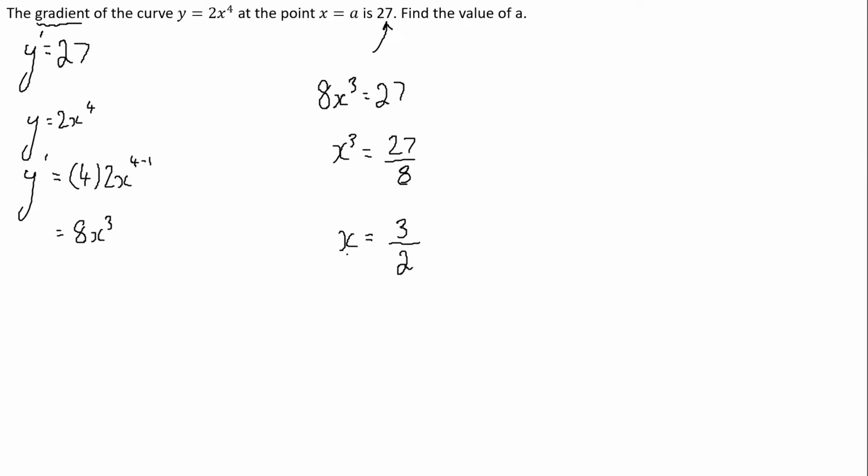So the value of a is equal to 3 over 2, or 1.5. There is your answer for this one, because at 1.5, our gradient is 27. All right, let's try our next one.